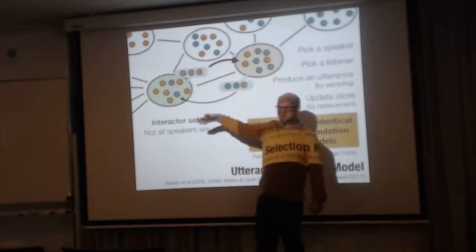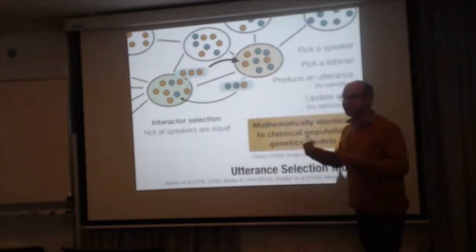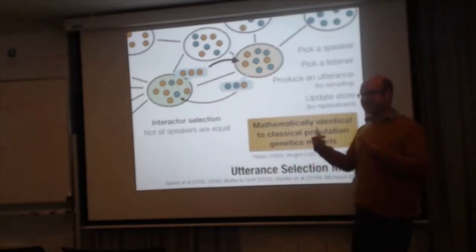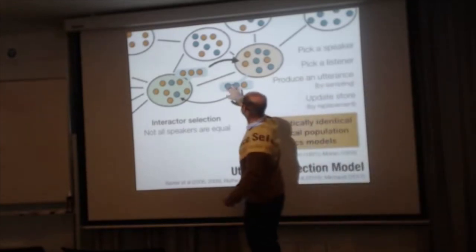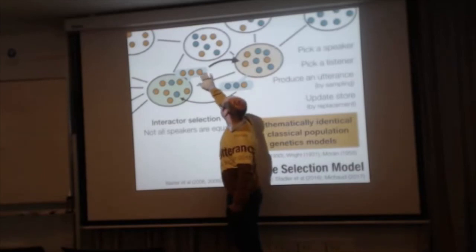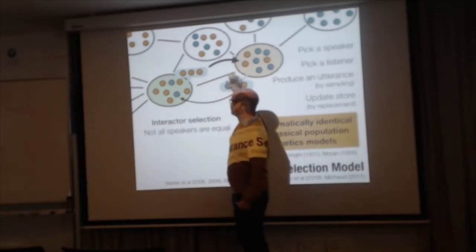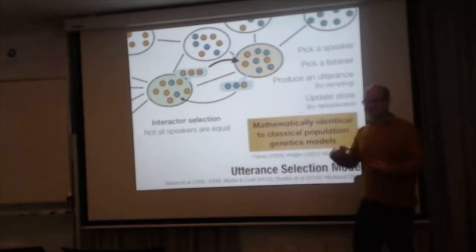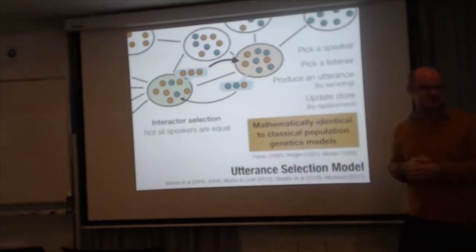One could be an old person, one could be a young person, for example, and the effects they have on each other are not symmetric. We implement that by saying that the probability that something goes from the mouth of this person into the brain of that person is much higher than going the other way, and that's the mathematical implementation of interactor selection.